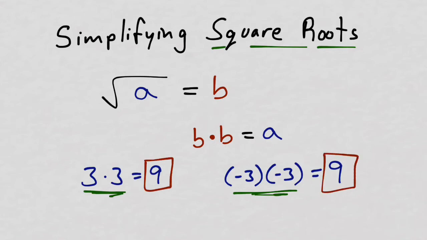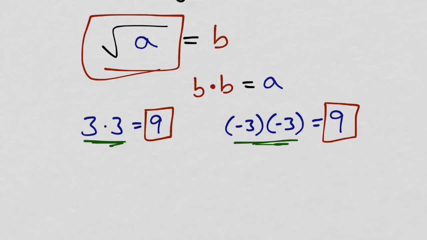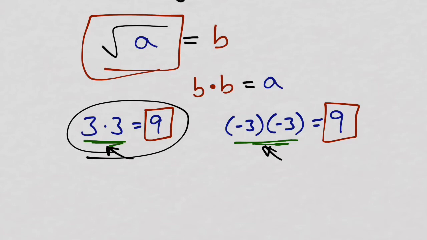And so when we think about square roots, specifically the square root symbol, it's helpful to identify which of these things we are interested in. What's been decided is that we should end up with the positive value. So this is called the principal root.